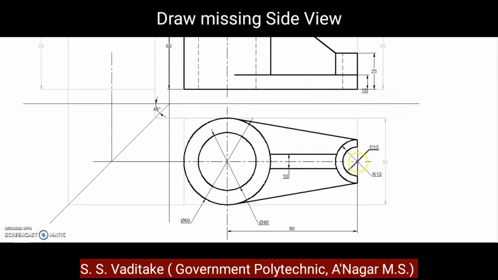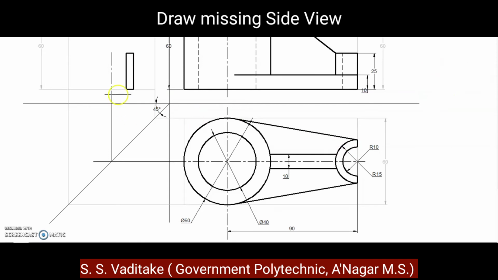So from this point go 10 millimeter, means inside view, from the center line go 10 millimeter toward the right side, and draw this line of having height of 25 millimeter, then of a 5 millimeter width complete this rectangle.